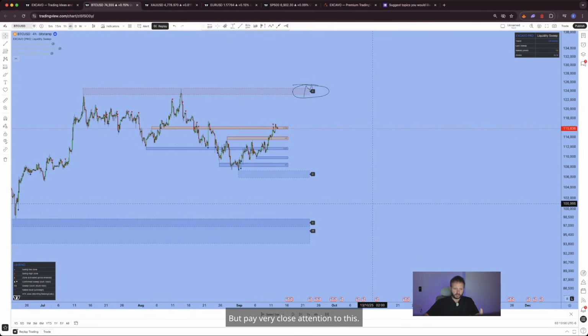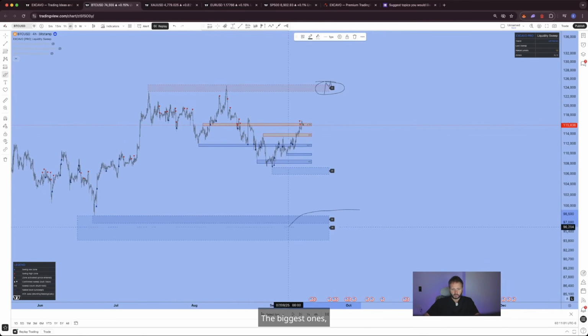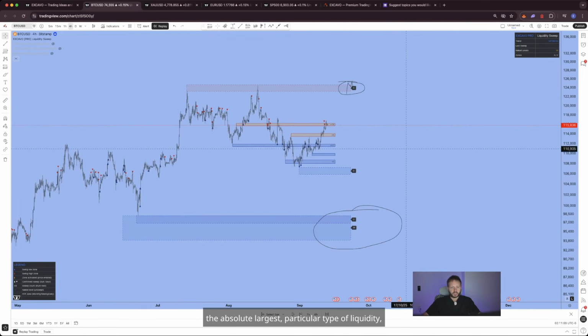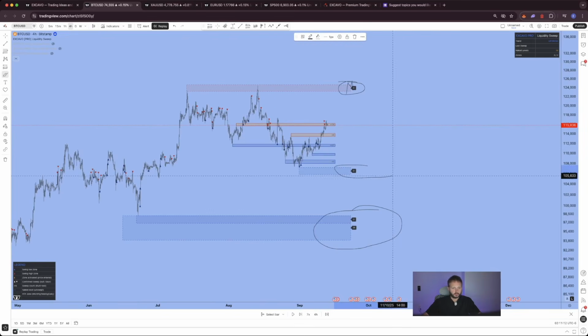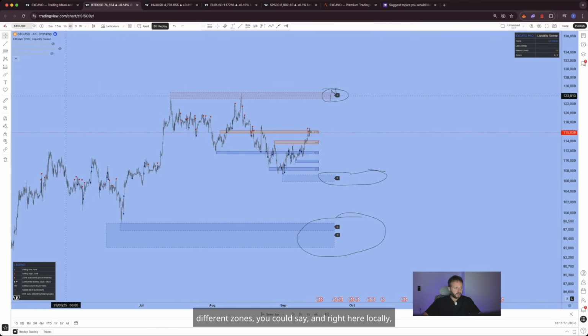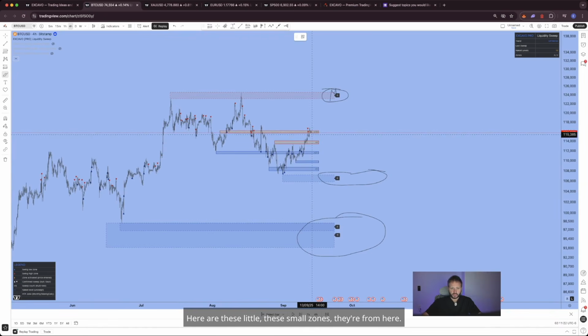But pay very close attention to this. We also have this zone here, the biggest ones, the absolute largest type of liquidity, different zones you could say. And right here locally, where we see 20, here are these small zones.